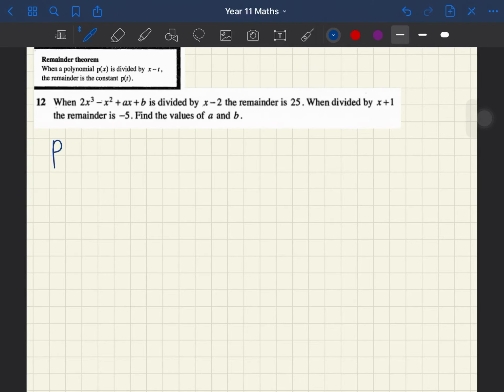So this is our p of x, right? Because we have to use the remainder theorem for this.